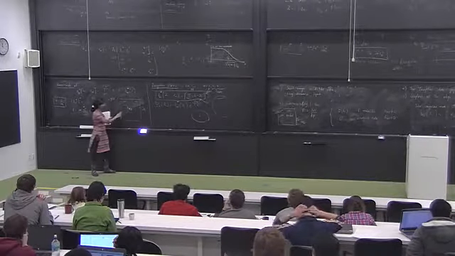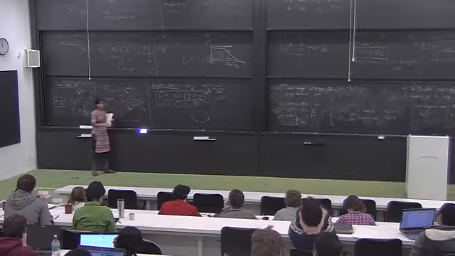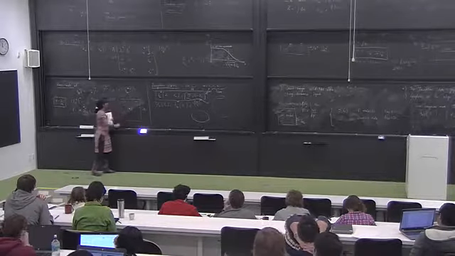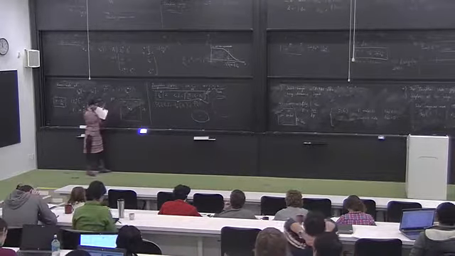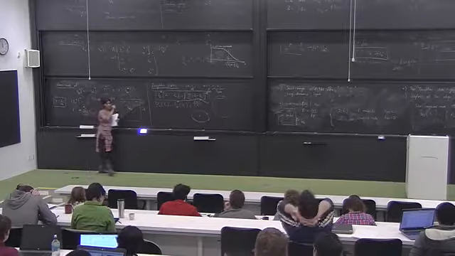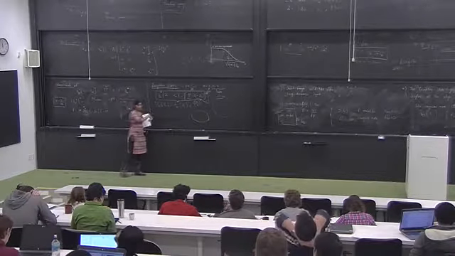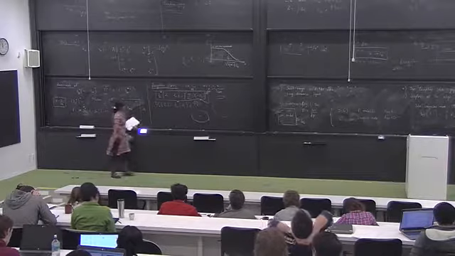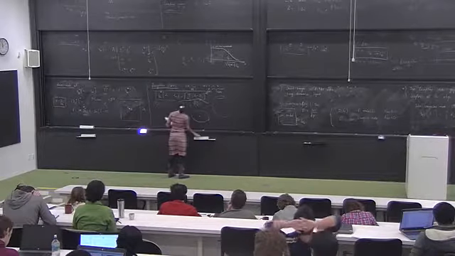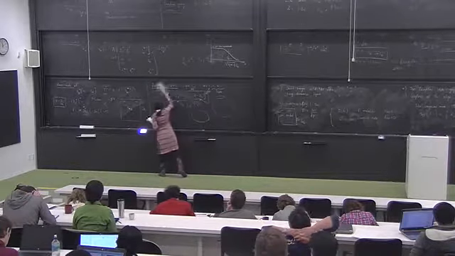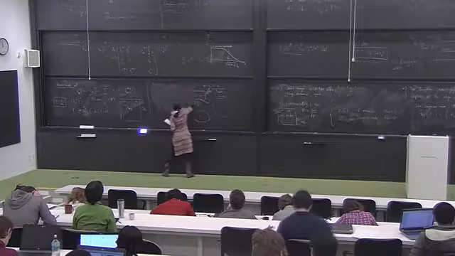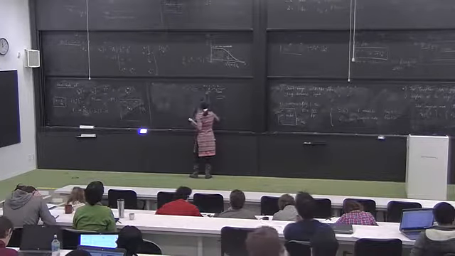Does everyone see that? Because I've added charge 1, and for charge neutrality each electron carries charge m, I need 1 over m less of an electron. And so that actually tells me what the charge of the quasi-hole is.